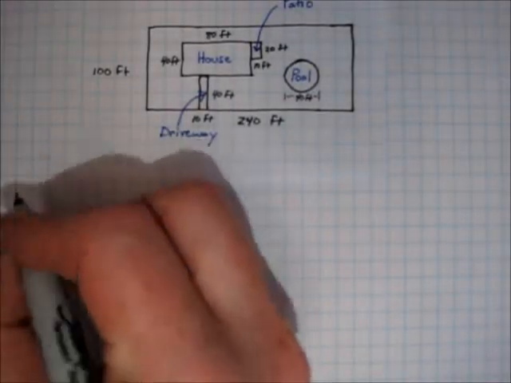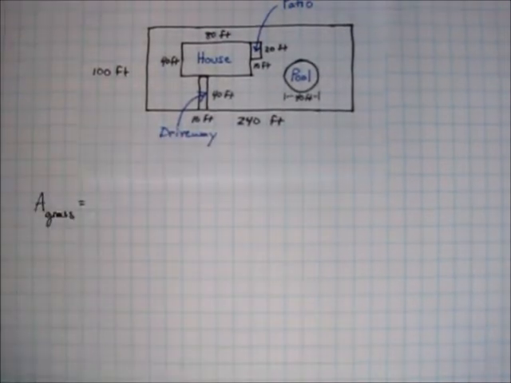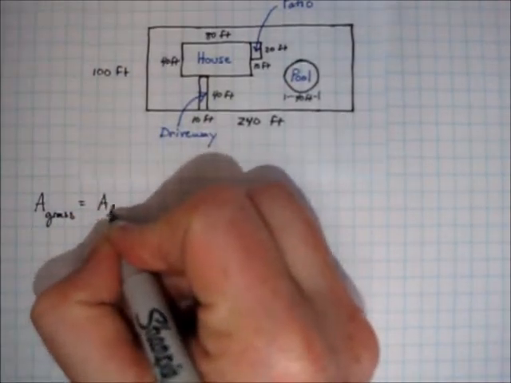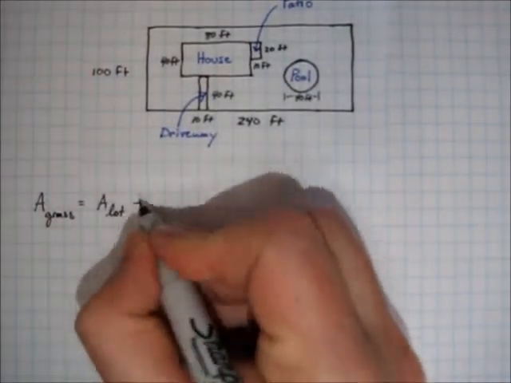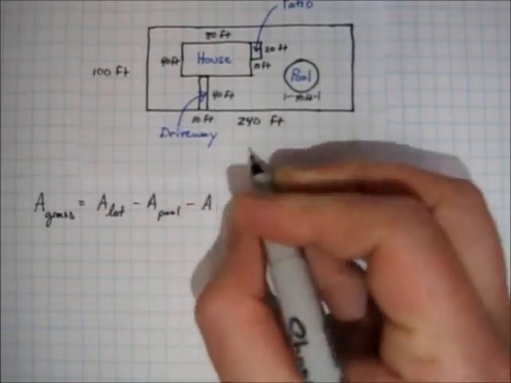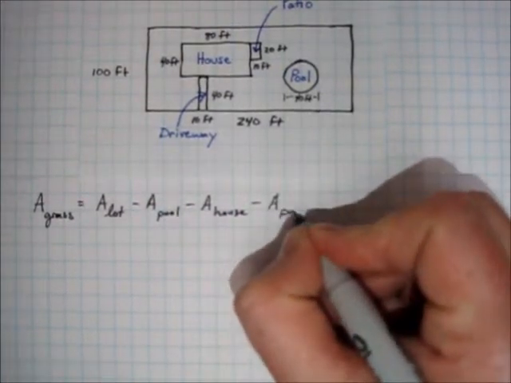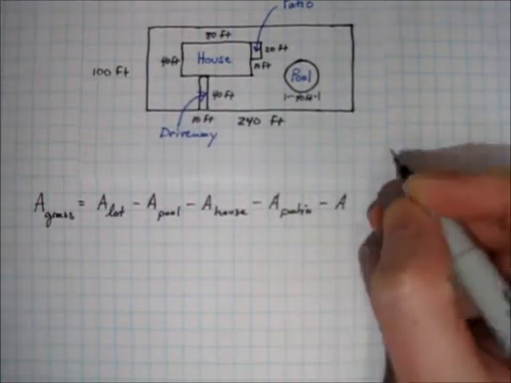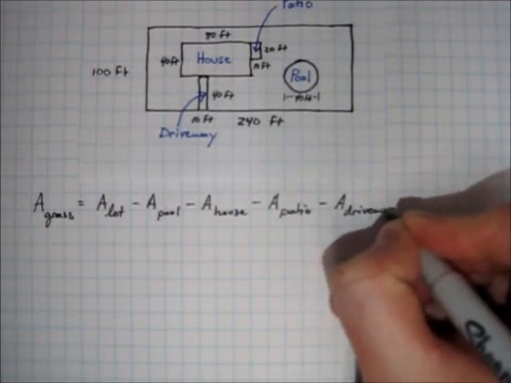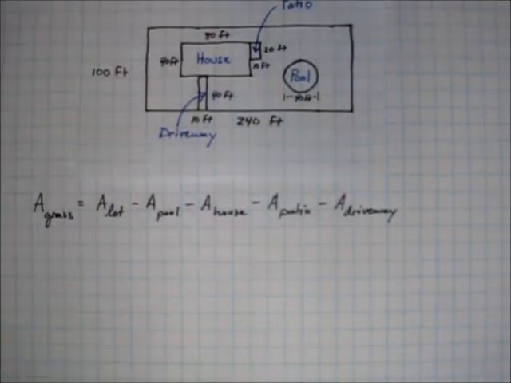So basically, the area of the grass can be found by taking the area of the lot and subtracting the area of the pool, the area of the house, the area of the patio, and the area of the driveway. Now 4 of those regions, as I've already said, are rectangles, and the other one is a circle. And we know formulas for the areas of each one of those.